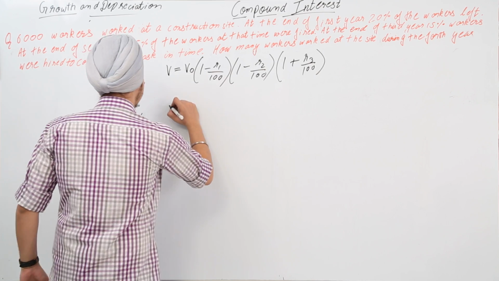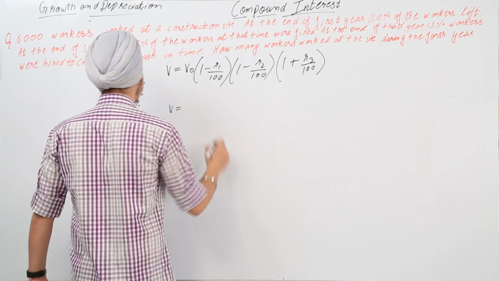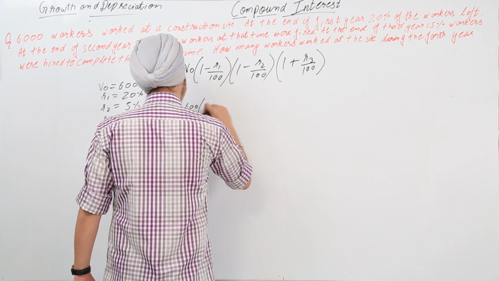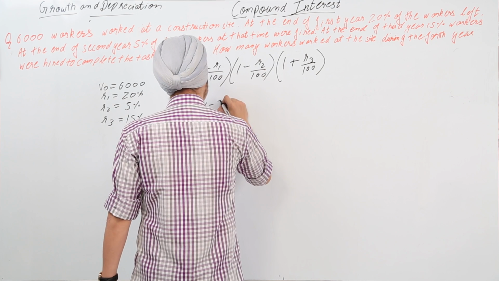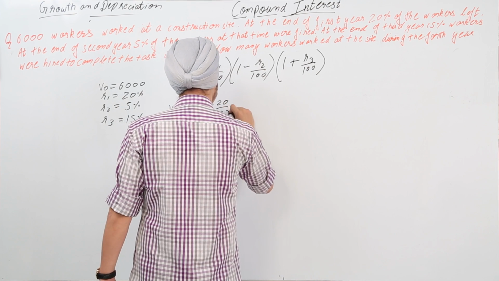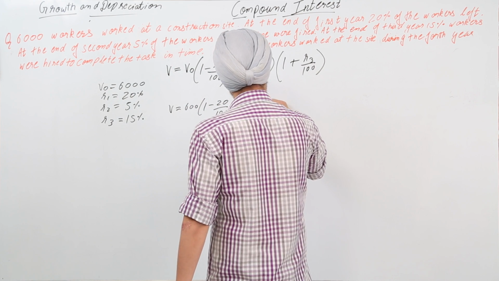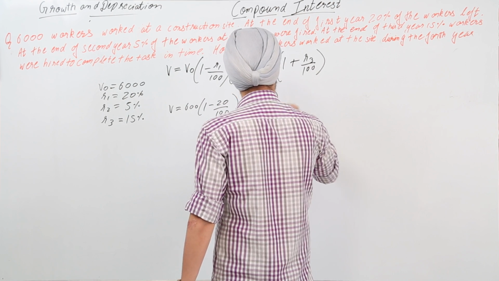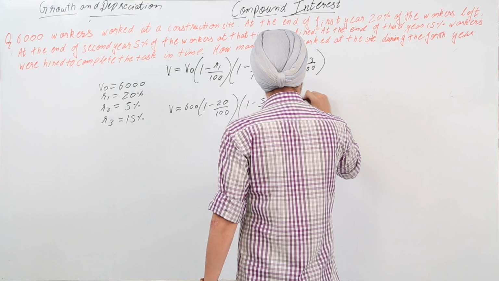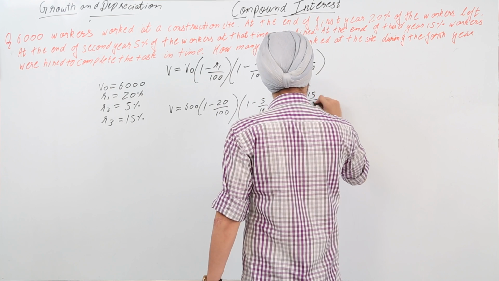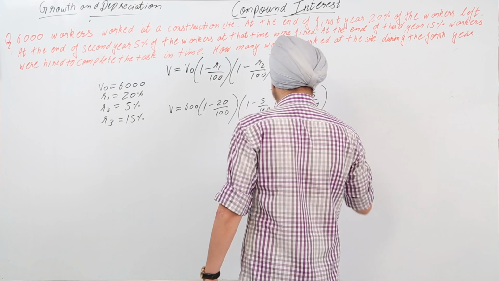We get V equal to 6,000 into 1 minus 20 by 100 into 1 minus 5 by 100 into 1 plus 15 by 100.